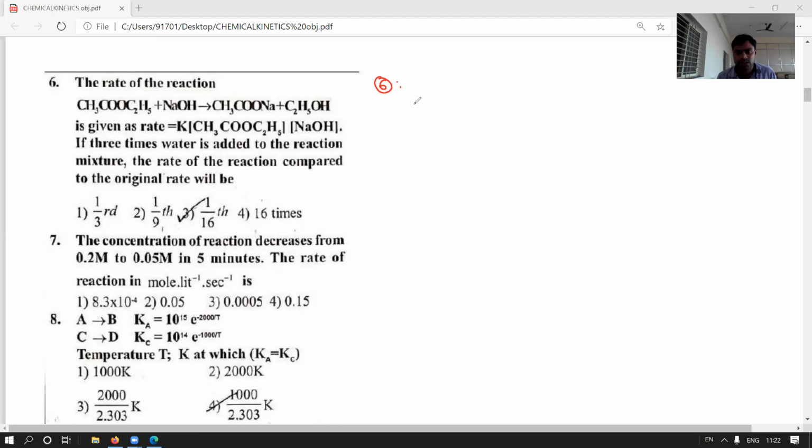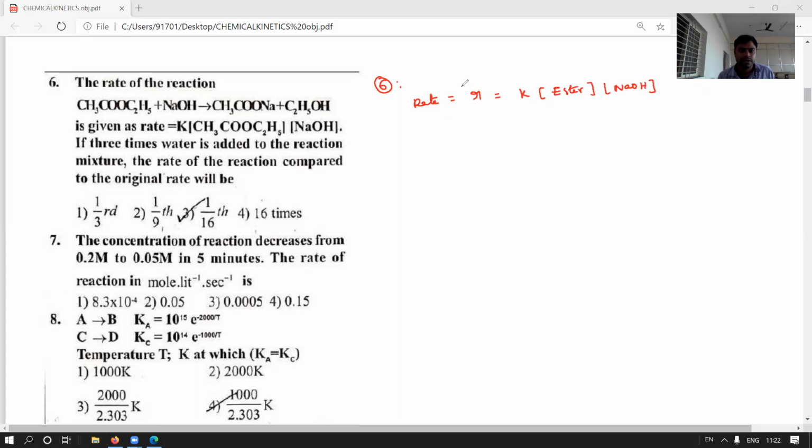So the rate R equals K into concentration of ester into concentration of base. Here the base they gave is sodium hydroxide.